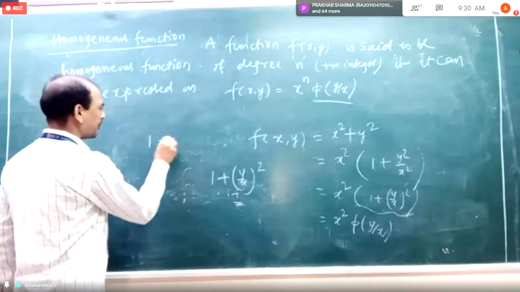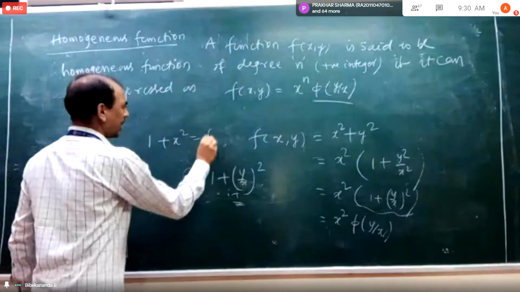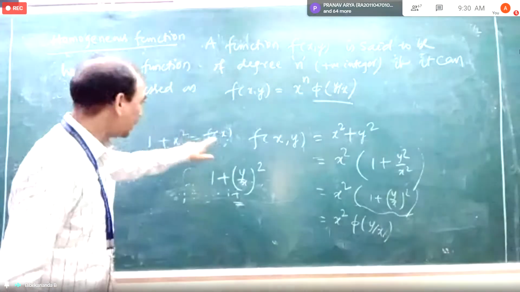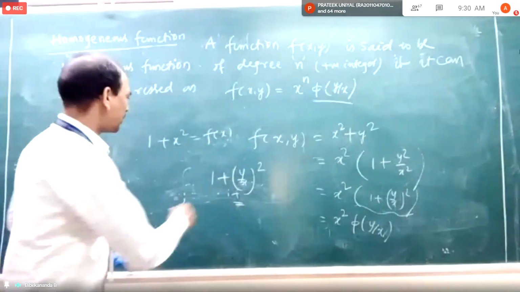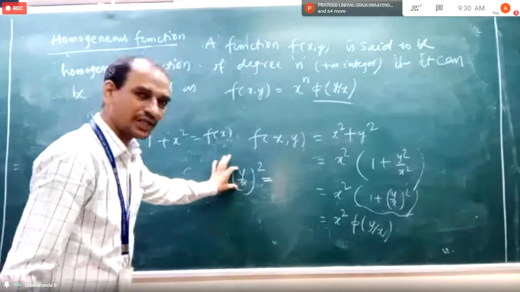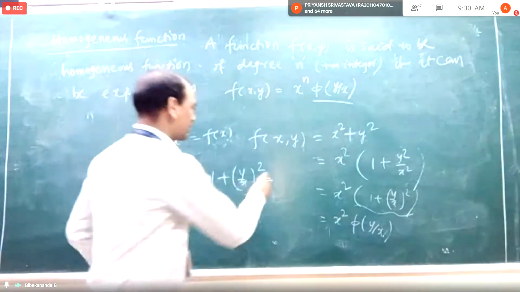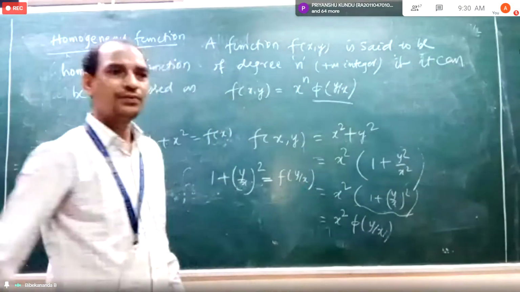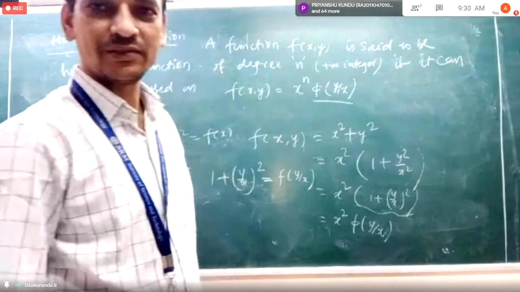When x square is here, I write f of x. So similarly, in place of x I have y by x, so I can write it f of y by x.